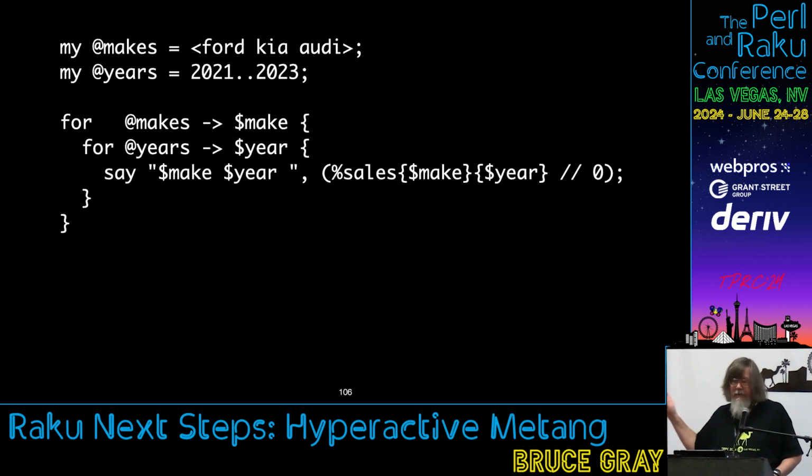That means that these 2 loops form a cross product. 3 makes and 3 years, I'll get 9 lines of output. And I can refactor, just like we did to make zipping explicit, I can refactor to make that cross product explicit like that.